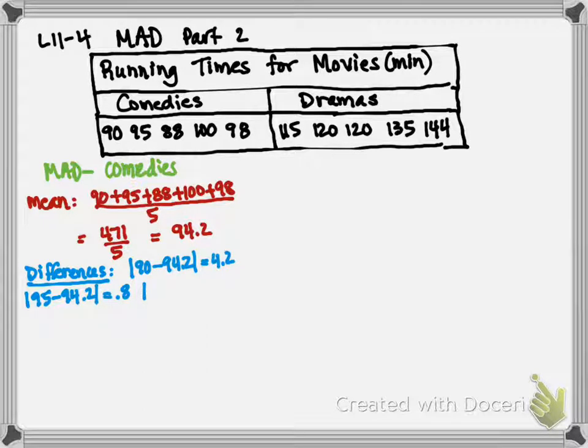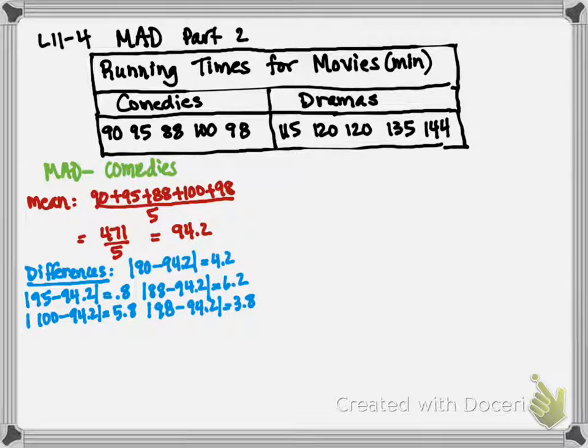The absolute value of 88 take away 94.2 gives us 6.2. The absolute value of 100 take away 94.2 gives us 5.8. And the absolute value of 98 take away 94.2 gives us a difference of 3.8.